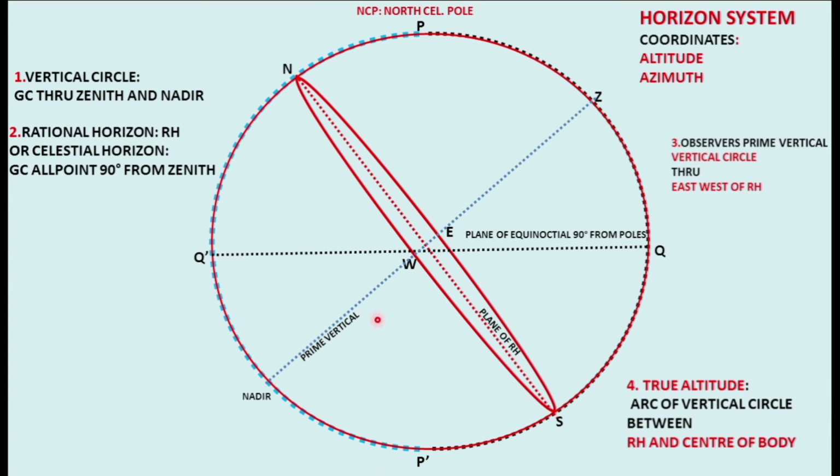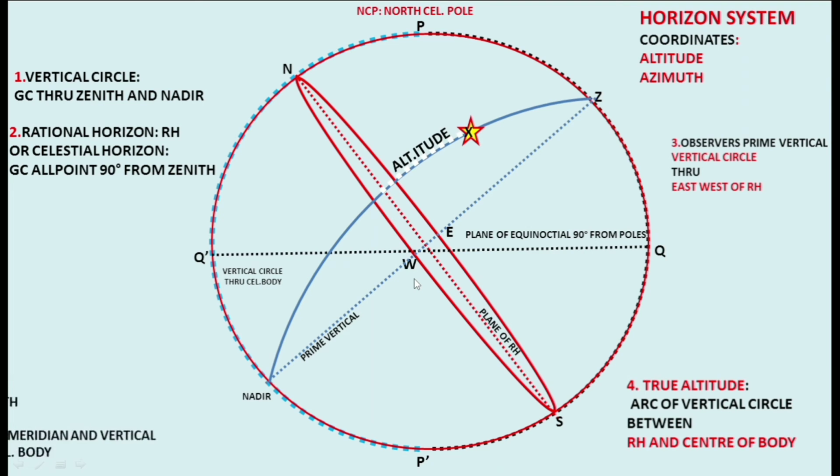Altitude is the arc of a vertical circle. Let's have a vertical circle passing through a celestial body. It's an arc of the vertical circle between the rational horizon and the center of the body. So this is your altitude.